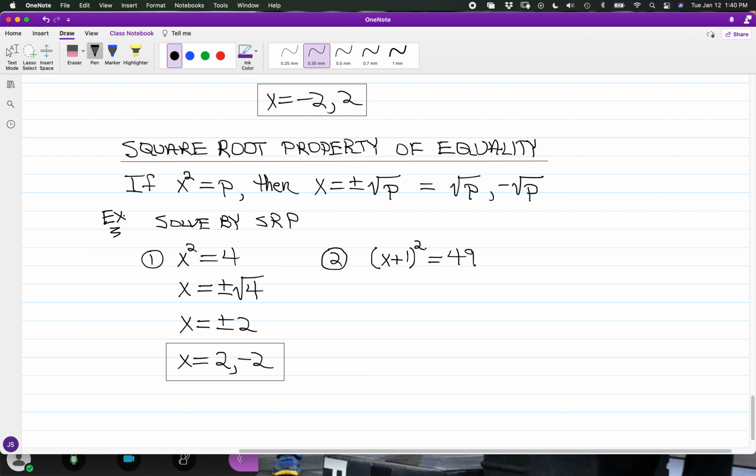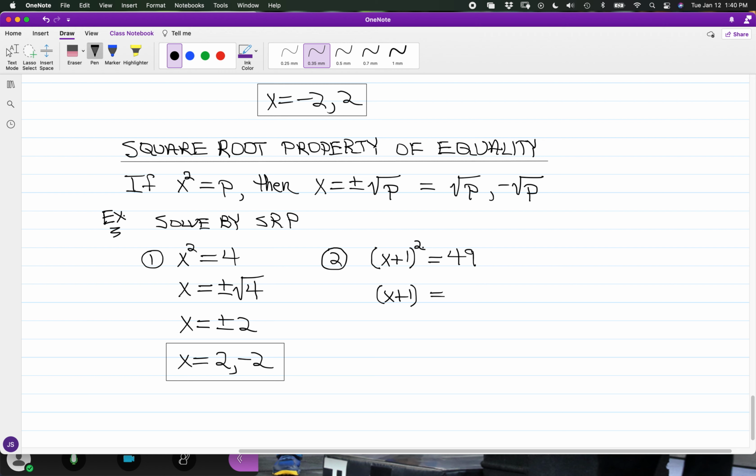So I have not just x, but the square of x plus 1 is equal to 49. If I go from second degree to first degree, in other words get rid of the 2, we have just the binomial x plus 1, and you have your p represented by 49.